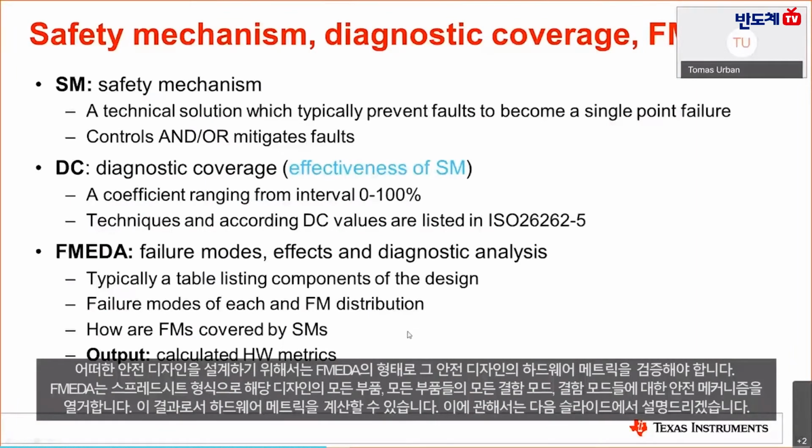FMEDA is a work product that comes out when you start designing any kind of safety design.